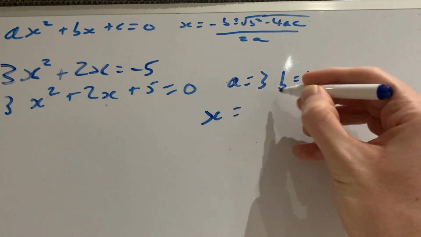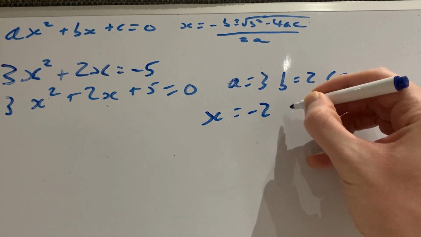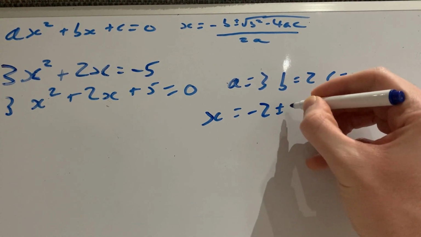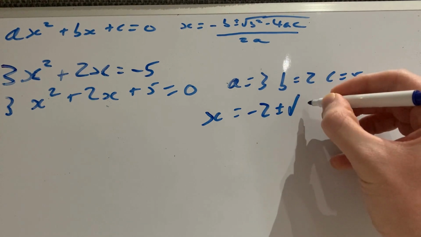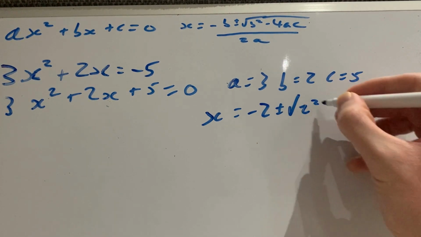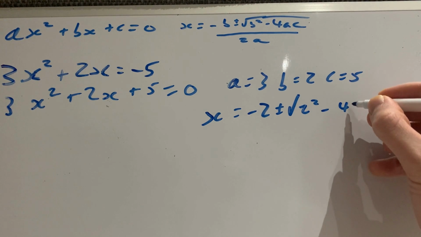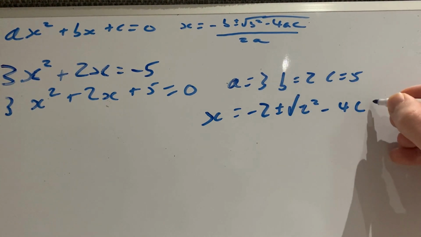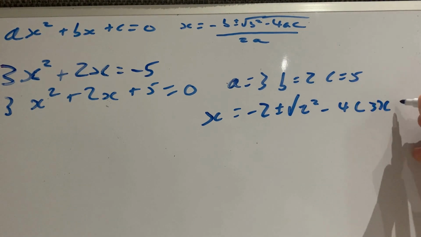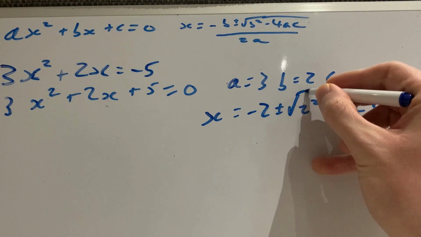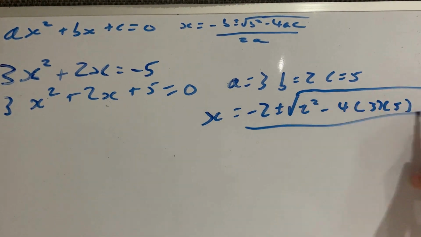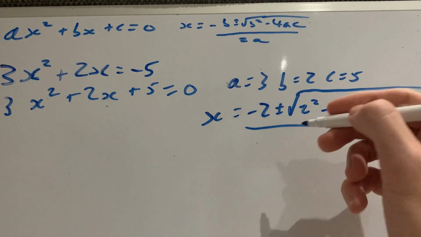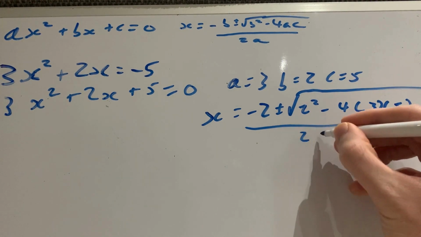So x equals negative b, so negative 2, plus or minus the square root of b squared, so 2 squared, minus 4 times a, so 3, times c, which is 5, so all of that square rooted, all over 2 times a, so 2 times 3.